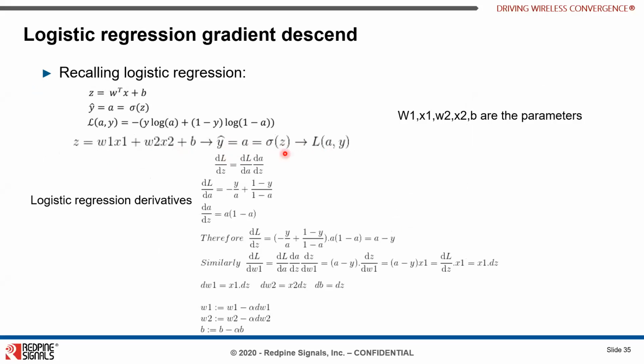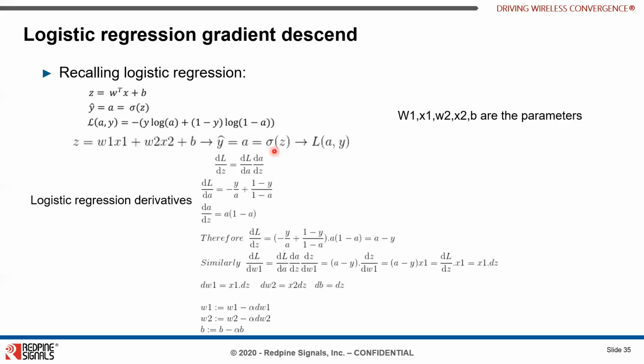So dl by dz is dl by dA into dA by dz, because a is in the middle of the path. If you want to know the change in L with respect to z, we have to find dl by dA and dA by dz.